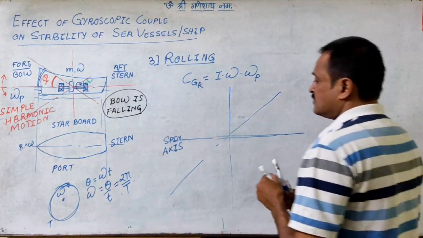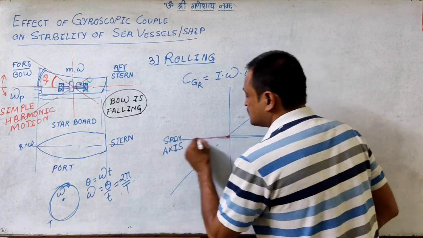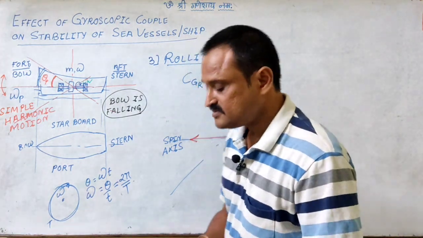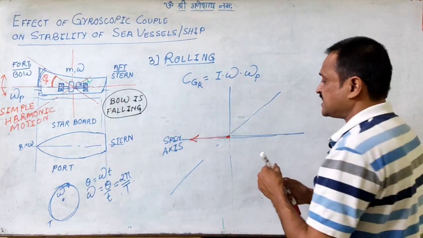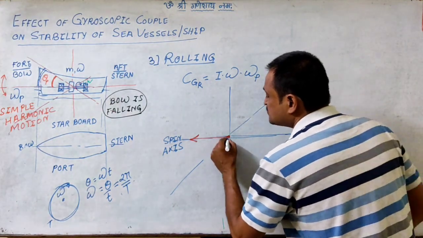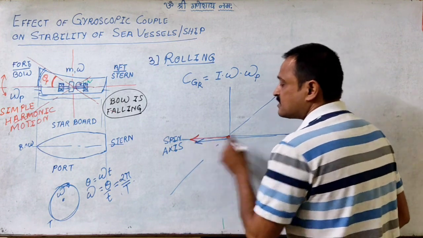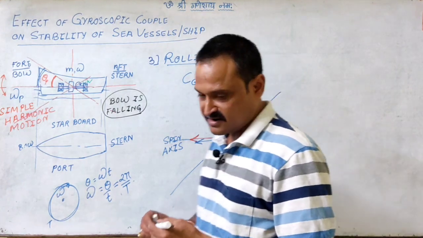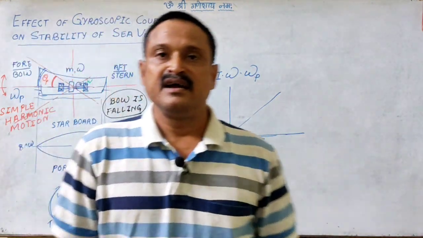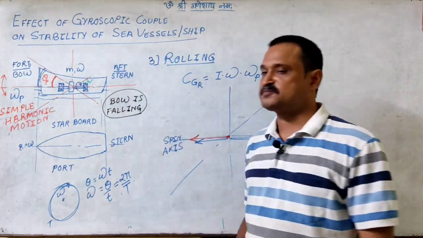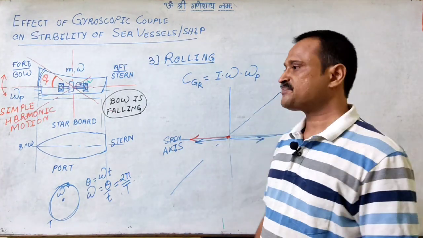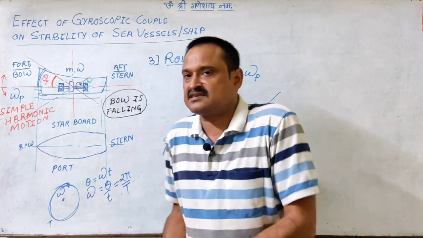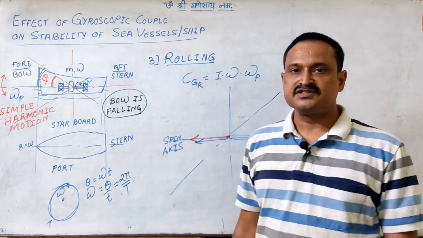That means this is the spin vector, and we get that the precession vector is parallel to the spin vector. So either it will be along the spin vector, or it will be opposite to the spin vector, right? And how do we get the couple vector? When we rotate the spin vector in the direction of the couple vector. So that means it is not going to have any effect on the stability.